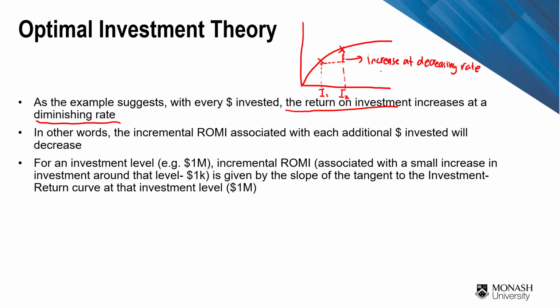Now, why is this happening? Let me give you an example. Say you are going to invest in a certain kind of advertisement, like a billboard. Maybe at first it is very useful because you are new to the market, people don't know about your product, and with the advertisement, it really helps them to understand more about the product. Some people are keen to learn more, and they may search online and so on.